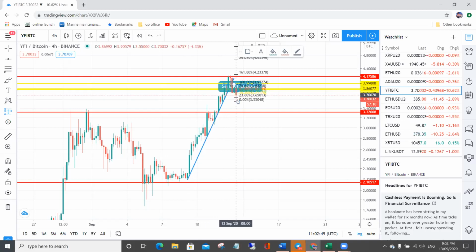So really, there is the potential, or this might be a bit greedy, but there is the potential for this trade to ride all the way back down to this level of support here. That would be my big goal, to ride it all the way to here. Well, probably further, but you can see this red line is a serious line of support. So that would be the best you could realistically expect.